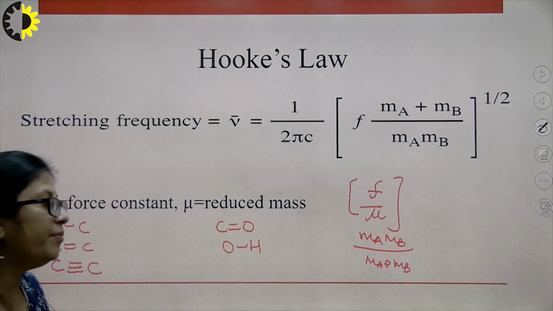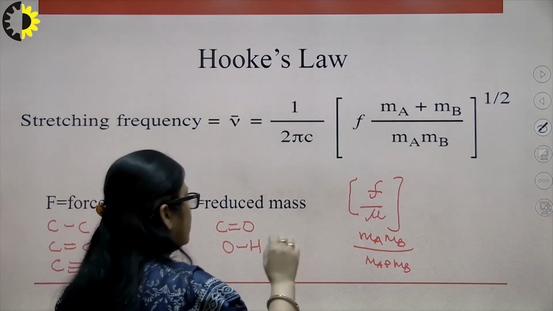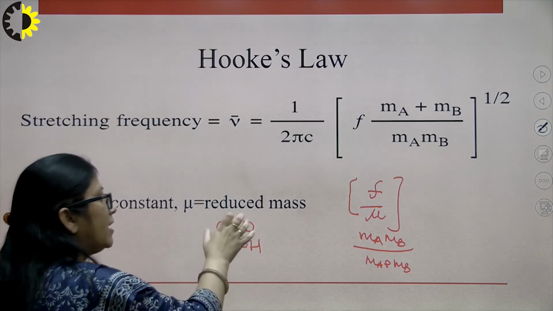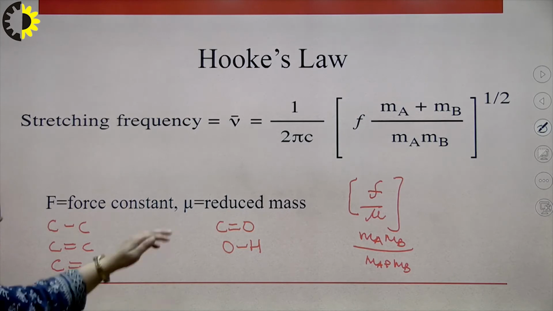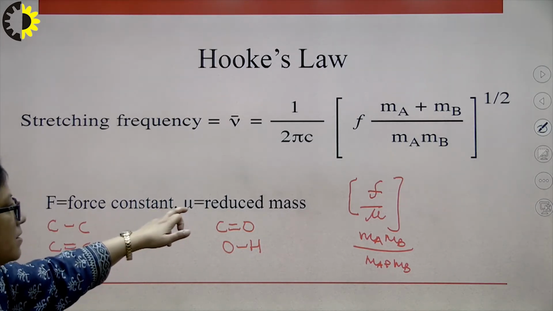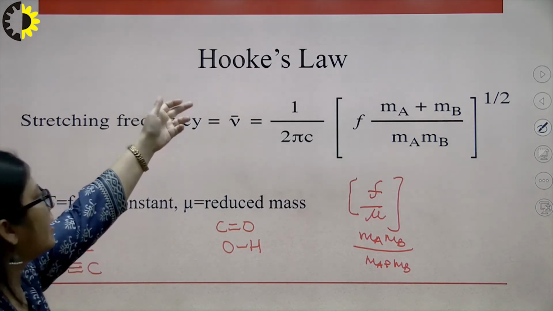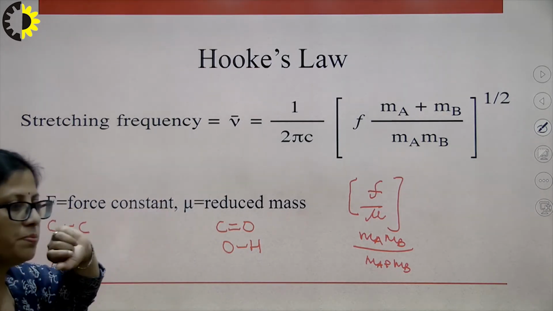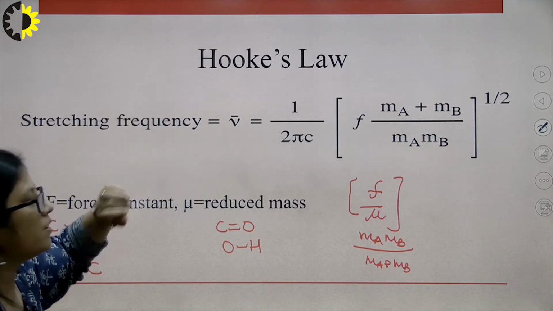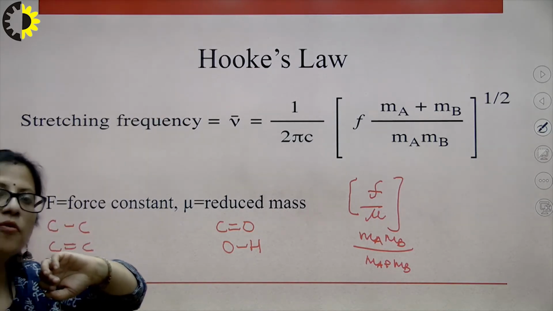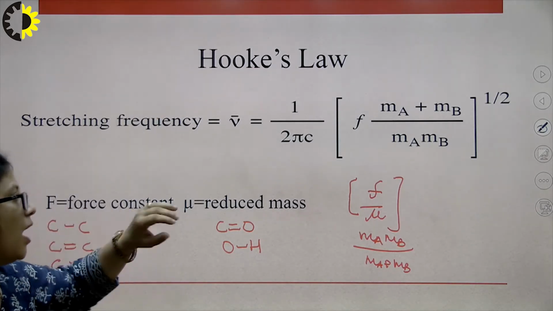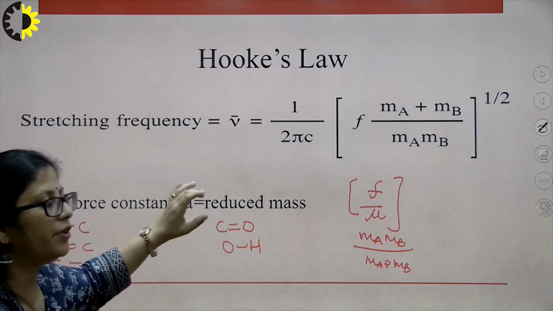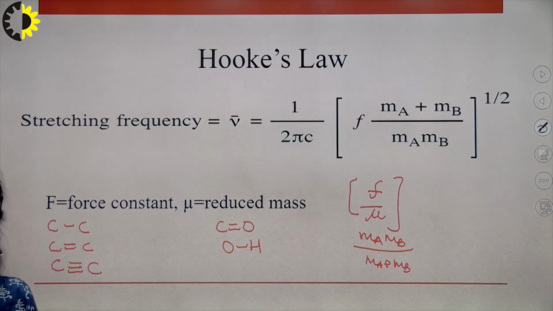So the value of mu will become less in comparison to the CO. So lesser is the reduced mass value of mu, higher is the value of stretching frequency, and more is the reduced mass, then lower is the value of stretching frequency. So for higher stretching frequency, our force constant should be more, the numerator should increase, and the reduced mass, the denominator, should decrease.